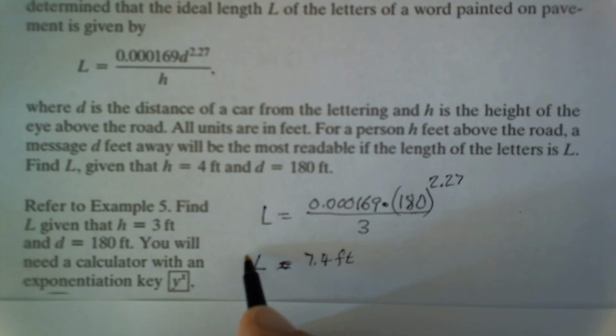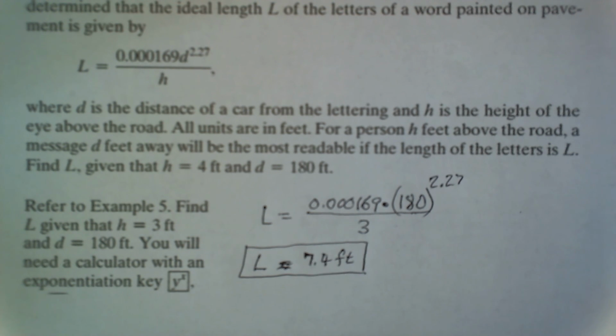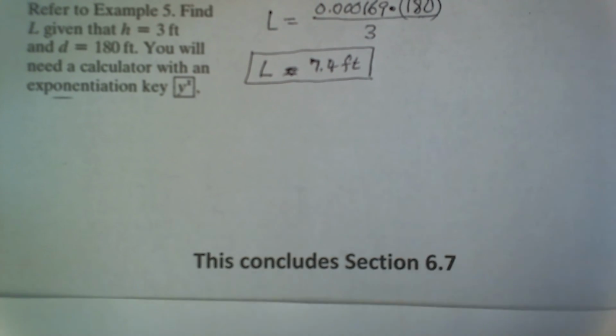So that would be the answer. So what we've learned in this chapter so far has some applications, and you saw one out of literally hundreds and thousands. And this concludes section 6.7.